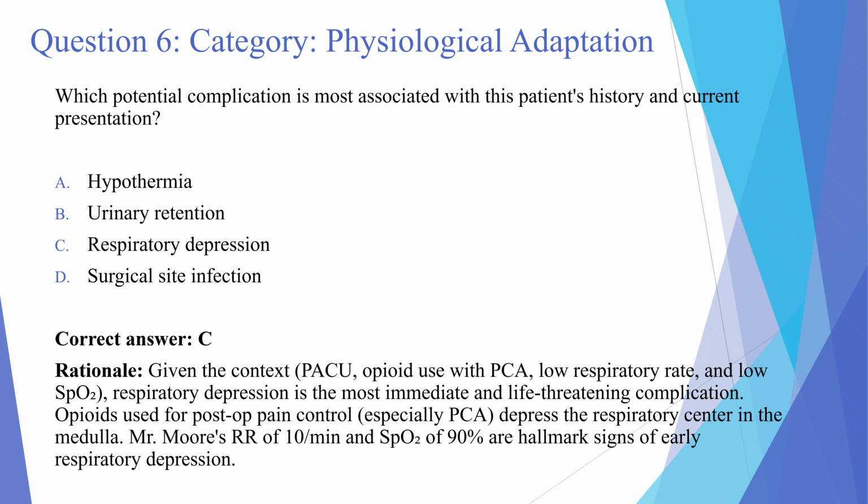Opioids used for post-op pain control, especially PCA, depress the respiratory center in the medulla. So our patient's respiration of 10 per minute and O2 sat 90 are signs of early respiratory depression.